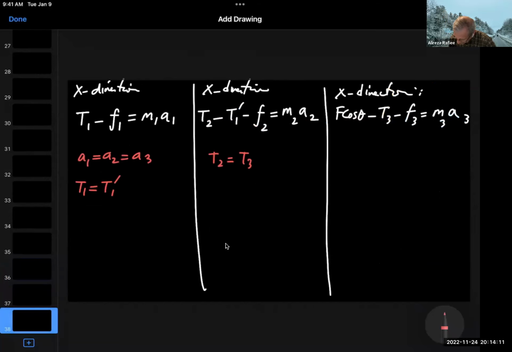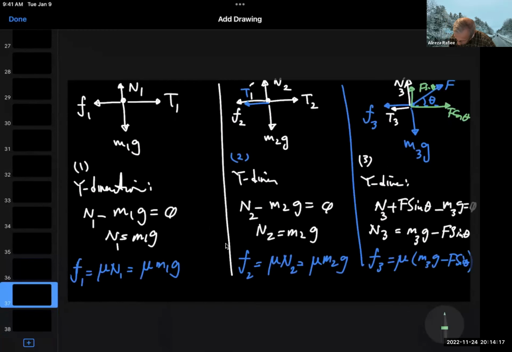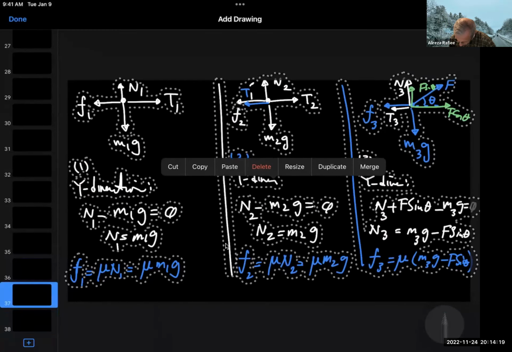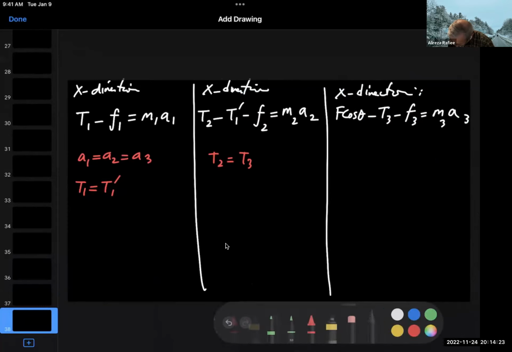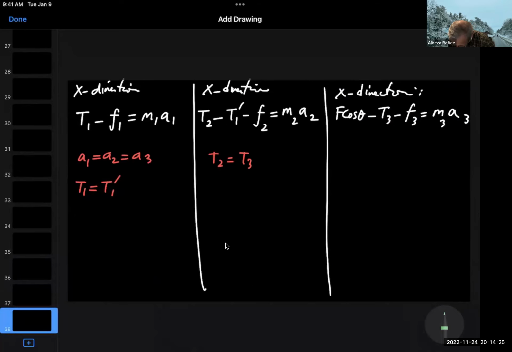So let's replace this one and replace the frictions. f1 was mu m1g. So T1 minus mu m1g is equal to m1a, and a is the same, so I'm going to replace it with a for all of them.